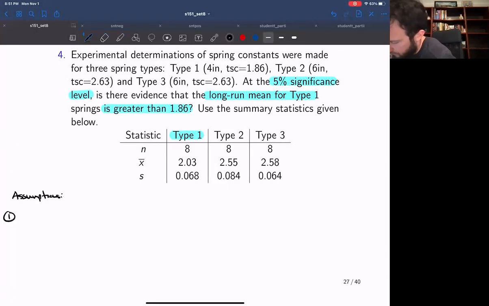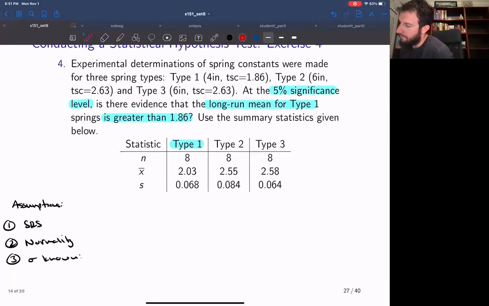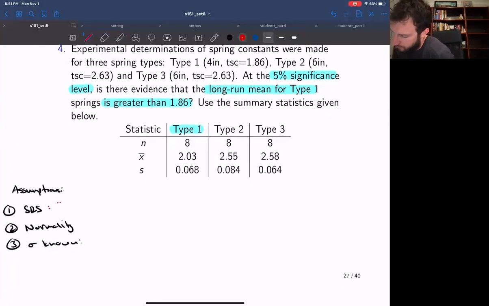So we have 1, SRS, 2, normality, 3, sigma known. All right. We don't know, and no. So what do we do?